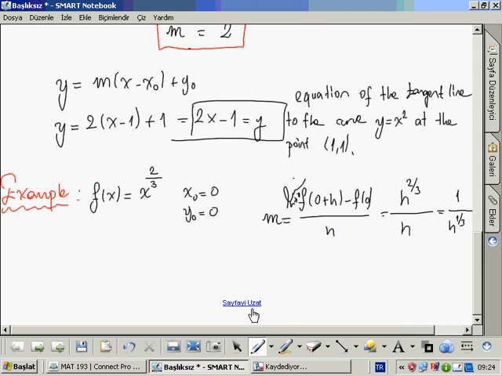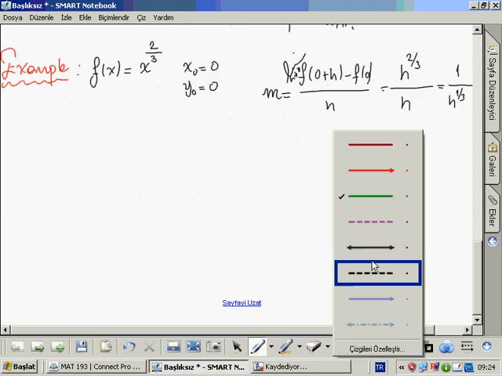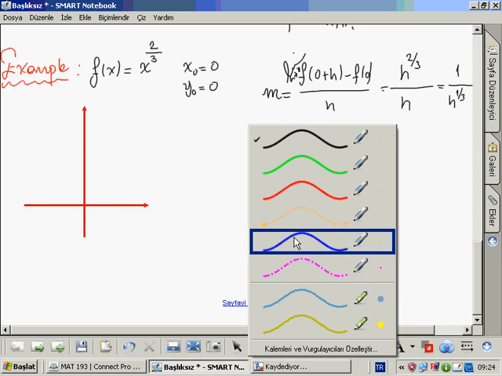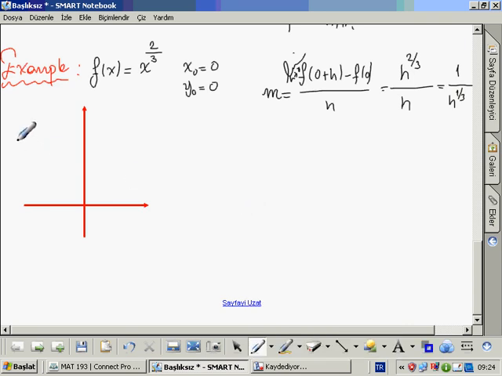So to understand this curve or this tangent point, maybe we will try to sketch our graph at this point. Our graph will be like that.